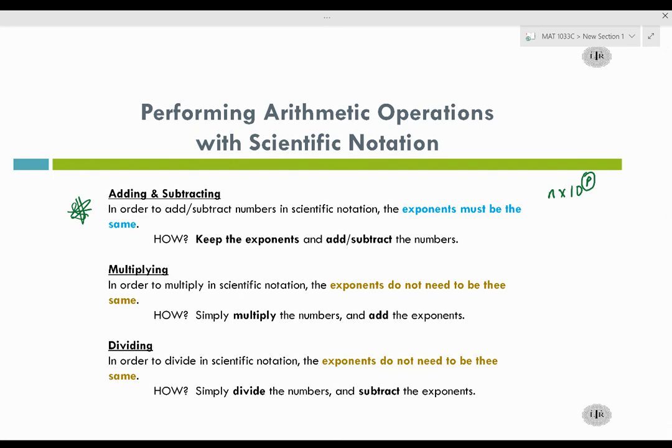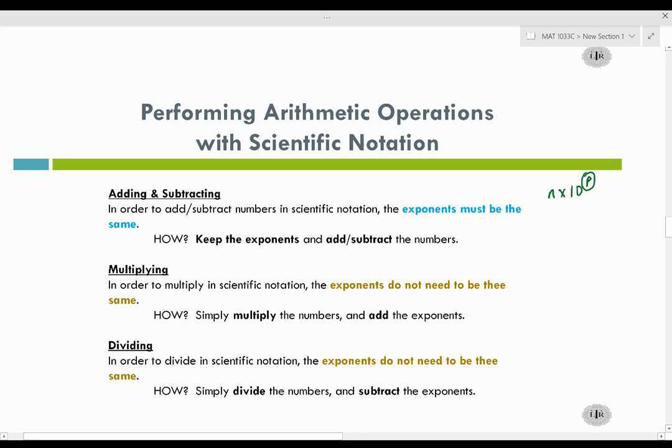Okay. All right, the next scenario we're going to look at is if we are multiplying numbers that are written in scientific notation. If you are multiplying numbers in scientific notation, the exponents do not need to be the same, okay? They do not have to be the same. So what you're going to do is you're going to multiply the numbers together and you're going to add the exponents, okay?